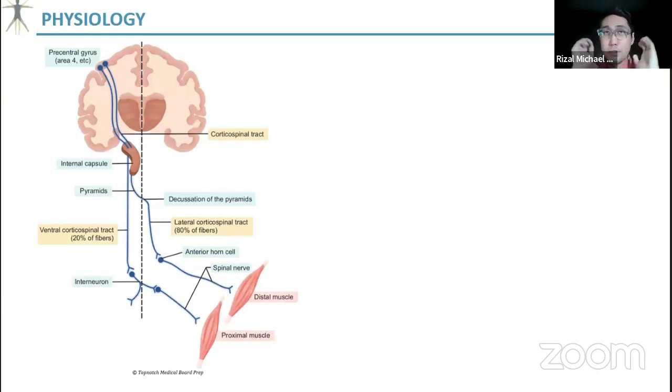So just imagine, no? When we say na meron siyang lesion above the decussation or before the decussation, hindi pa siya tumatawid, that means your manifestation will be on the opposite side, contralateral side. Kasi ang decussation niya is nasa lower medulla pa.